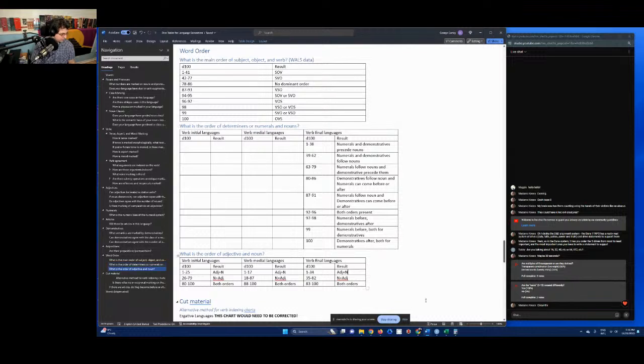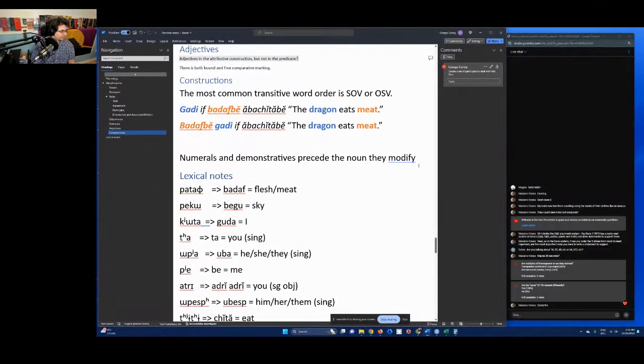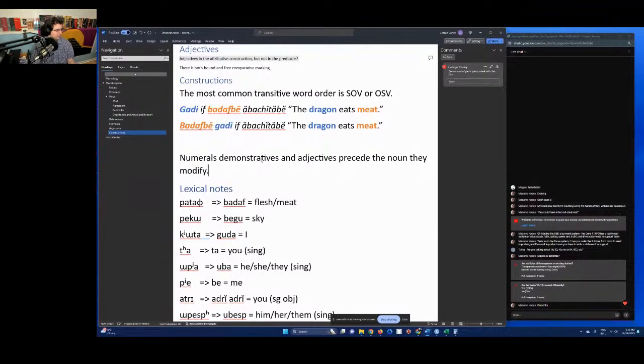So let's go ahead and get into my Draconic notes. Numerals, demonstratives, and adjectives precede the noun they modify.